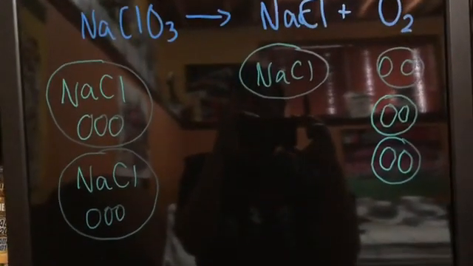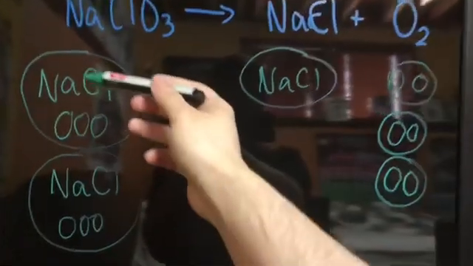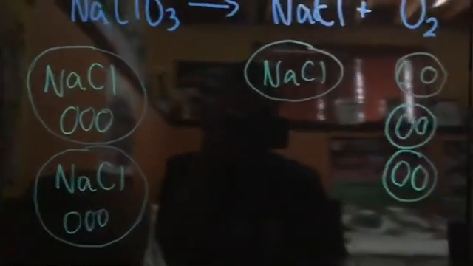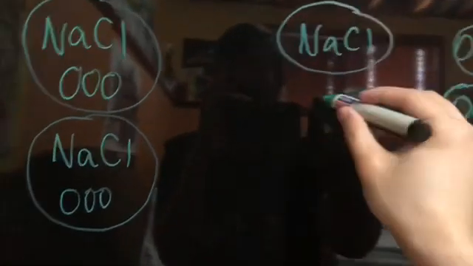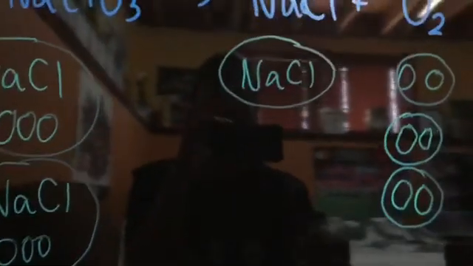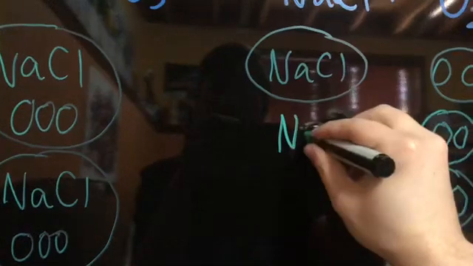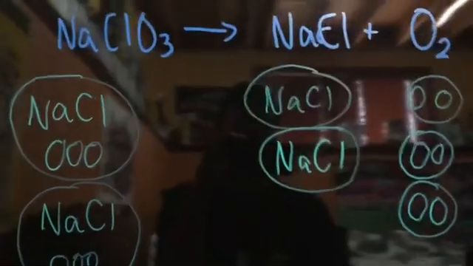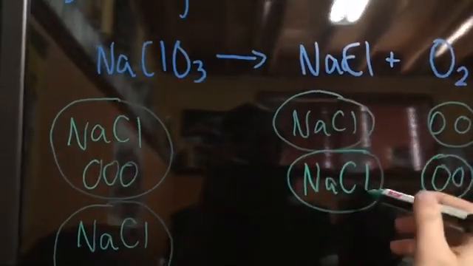Our oxygens are balanced, but now we have 2 of the NaCl's here and 1 NaCl here. So we need to add more on the right side. And again, we have to add it as a whole molecule. So now we have 2 NaCl's and 2 NaCl's.